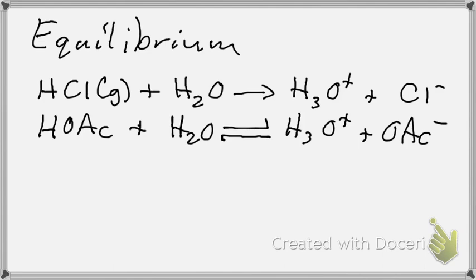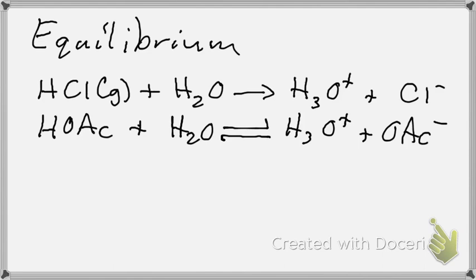On the other hand, in this case, this equilibrium lies very much on the side of acetic acid. In other words, when you're done, what's mostly in this solution is acetic acid and water. There is very little hydronium and acetate that have been produced. But chemists always have a preference, if you will.